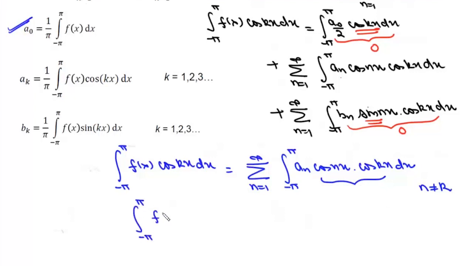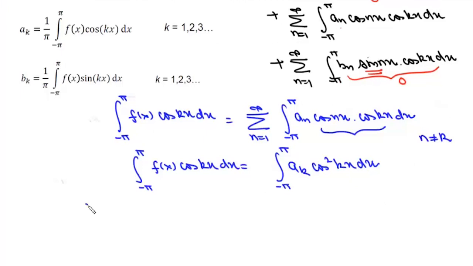So if we put all these integrals 0, then we can write the integral from minus pi to plus pi of f(x) cos kx dx as equal to the only integral that we'll get, when the value of n is equal to k. If n is equal to k, we can write this as ak and it will be cos square kx dx.